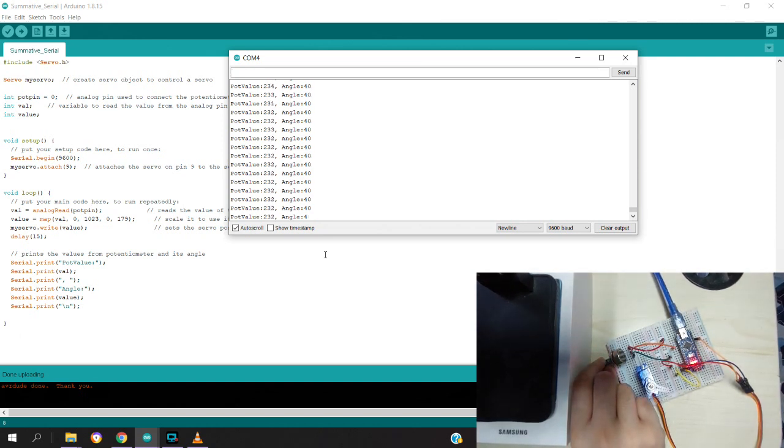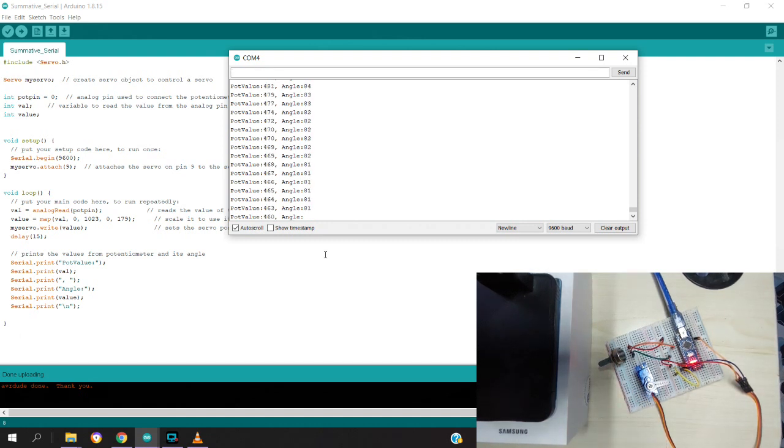So, let's move it to 60. So there it is, an angle of 60 degrees with a potentiometer value of 345. So let's proceed to 80 degrees.